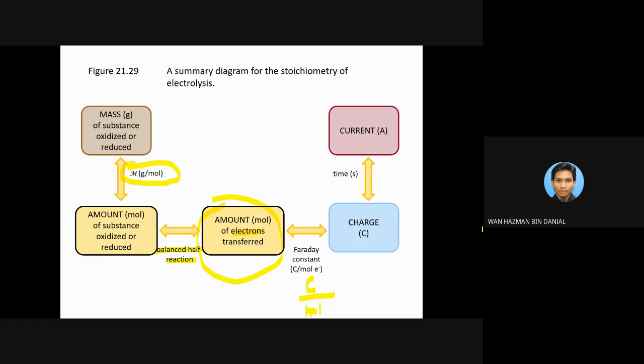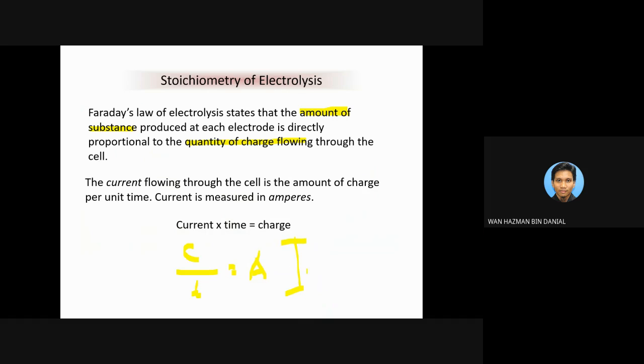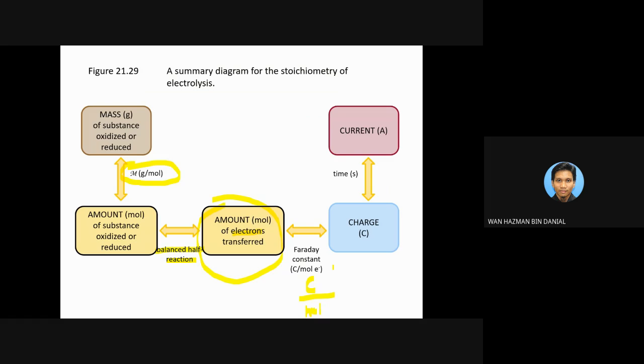So charge, going back to this equation, charge over time is equal to current. Okay, do you understand the flow? Is the flow clear?